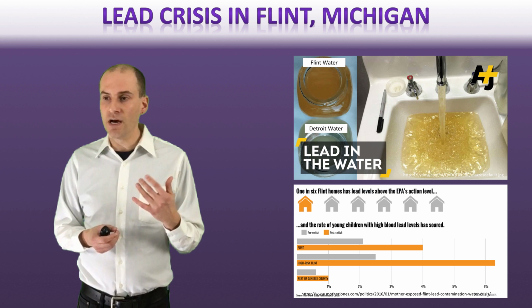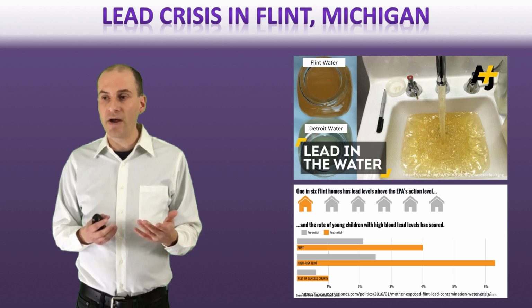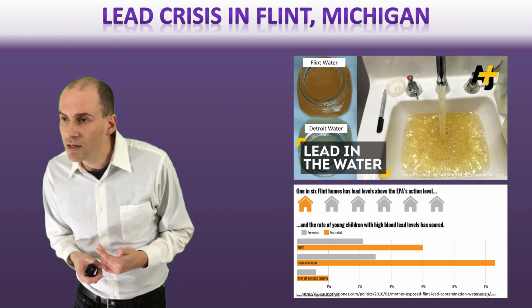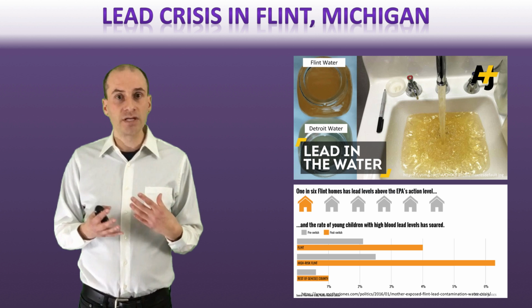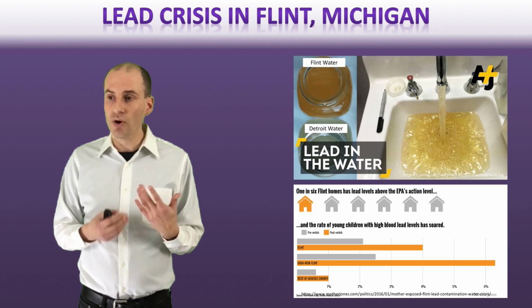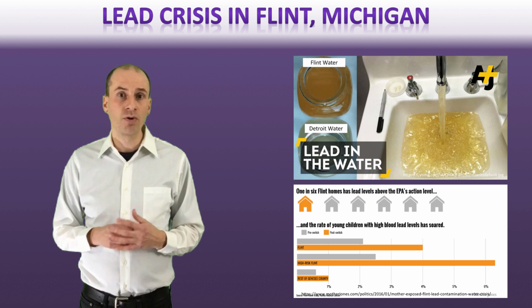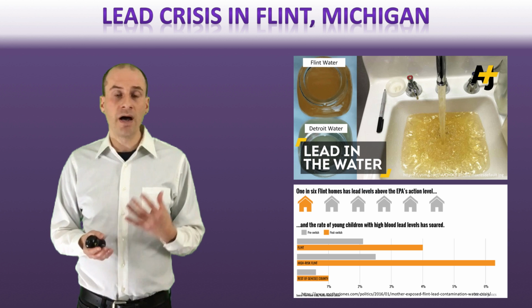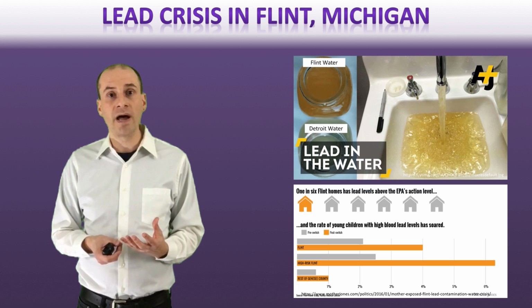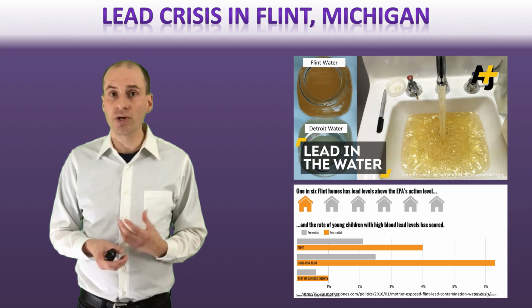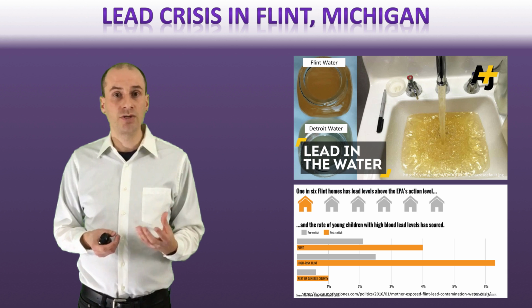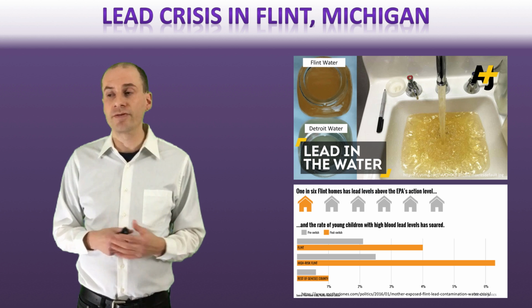And if you look at lead in water compared to other locations, there's actually a substantial increase in lead for this population. So a real serious problem. A lot of children had negative impacts from lead exposure. Adults also had lead exposures that were over the threshold.